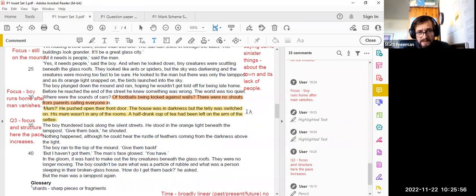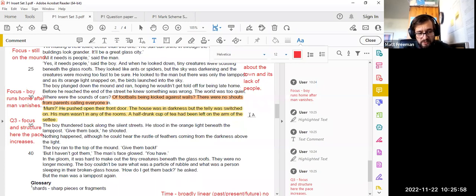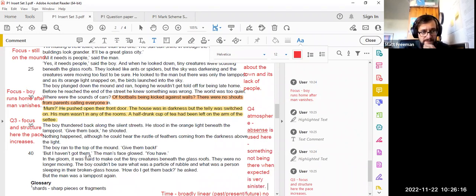And again, so question 4 here, which is atmosphere. Absence is used here. Something not being there when expected is very sinister. Okay.